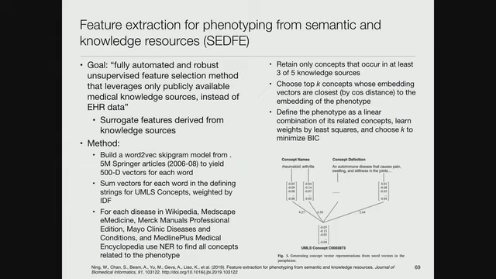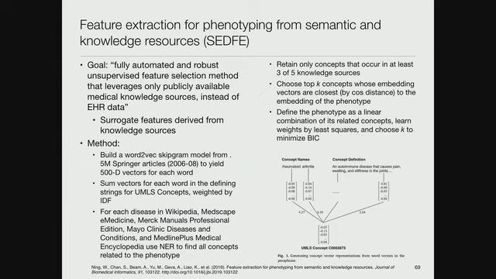And then they went out and they said, okay, for every disease that's mentioned in Wikipedia, Medscape, eMedicine, the Merck Manuals Professional Edition, the Mayo Clinic Diseases and Conditions, Medline Plus Medical Encyclopedia, they used named entity recognition techniques to find all the concepts that are related to this phenotype.